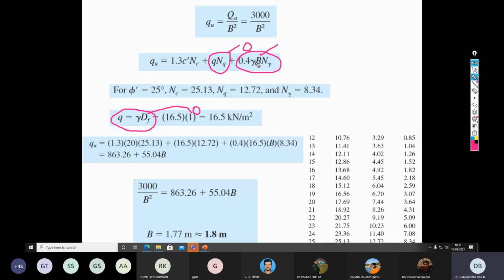Okay, that means your bearing capacity equation includes the soil properties, that is C and phi, the geometry of the footing, that is B, then the overburden term, that is q, and another soil property, density. So if you change any of them, then obviously there is an increase or decrease in the bearing capacity.